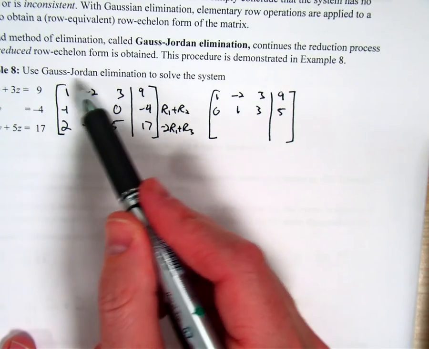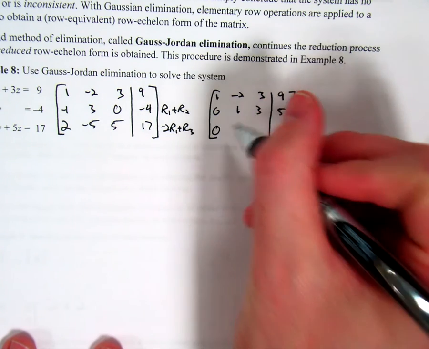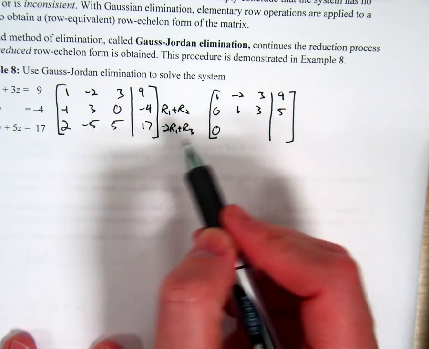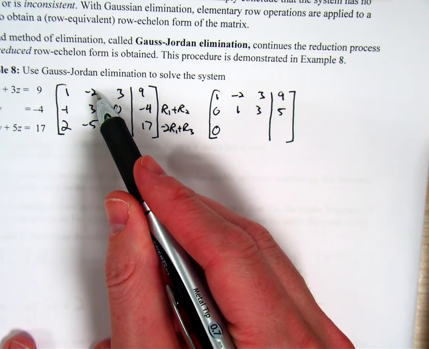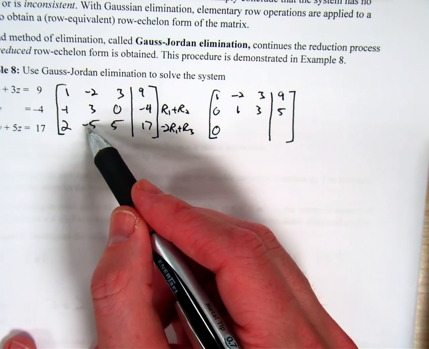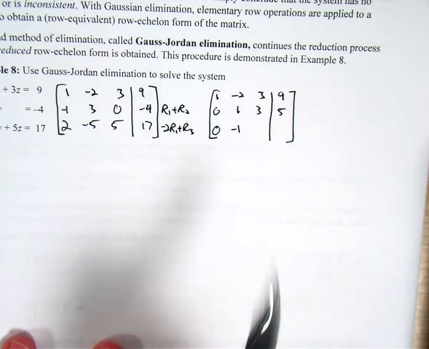Okay, negative 2 times 1 is negative 2, plus 2 is 0. Nice. 1 with all zeros below it. Negative 2 times negative 2 is positive 4, and negative 5 is negative 1. That's a nice easy one for the next step.